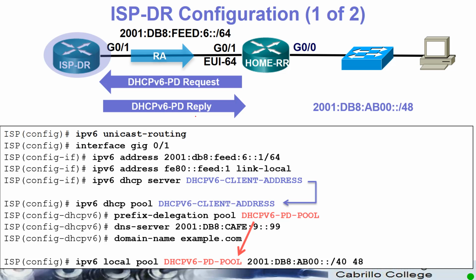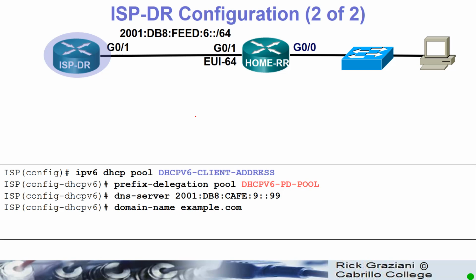That DHCPv6 PD pool you can set as a local pool as a /40 or /48 to be able to send to the home routers or the requesting routers as they request them. Again, they're going to request it and they're going to be able to hand them out.